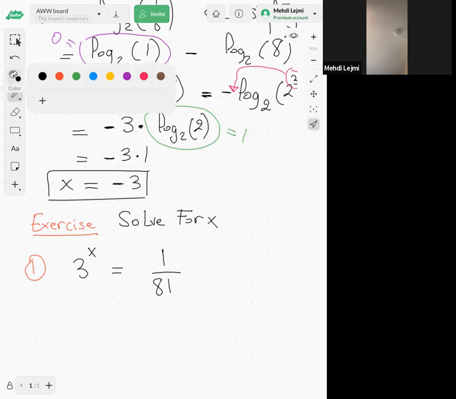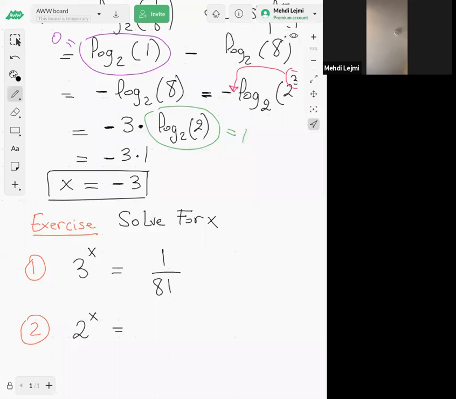Number 2: 2 to the power x equals 5 over 8.